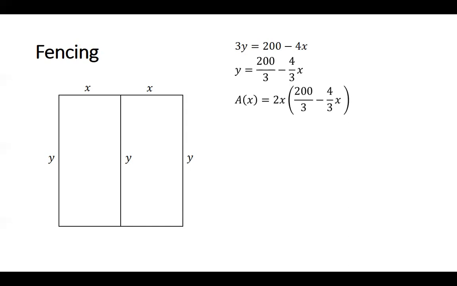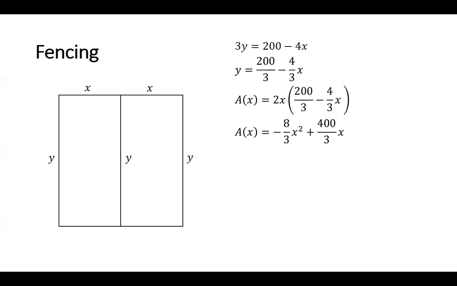So the area of the total space enclosed by those two rectangles is going to be 2x times the height of them, 200 thirds minus 4 thirds x. So I'm going to distribute through that 2x, and that's going to put me into a quadratic function. A of x is equal to negative 8 thirds x squared plus 400 thirds x.